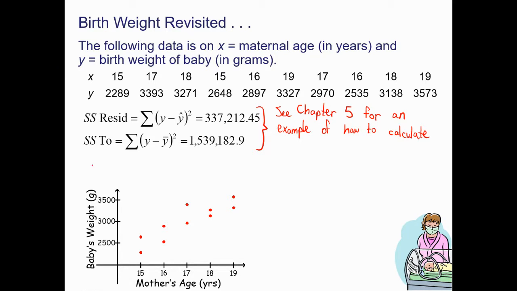So let's do standard deviation first. We need to do the square root of what? What number do I put on top? SS residual goes on top. And what do I divide by? n minus 2.